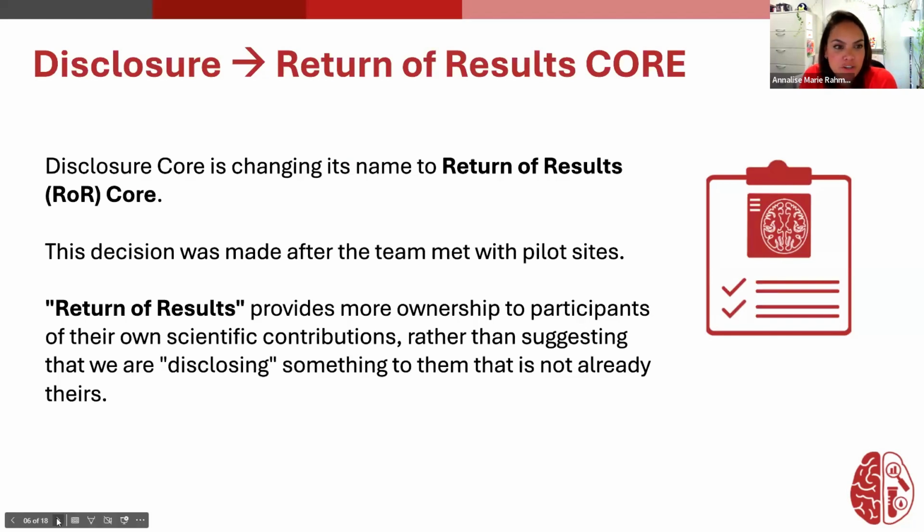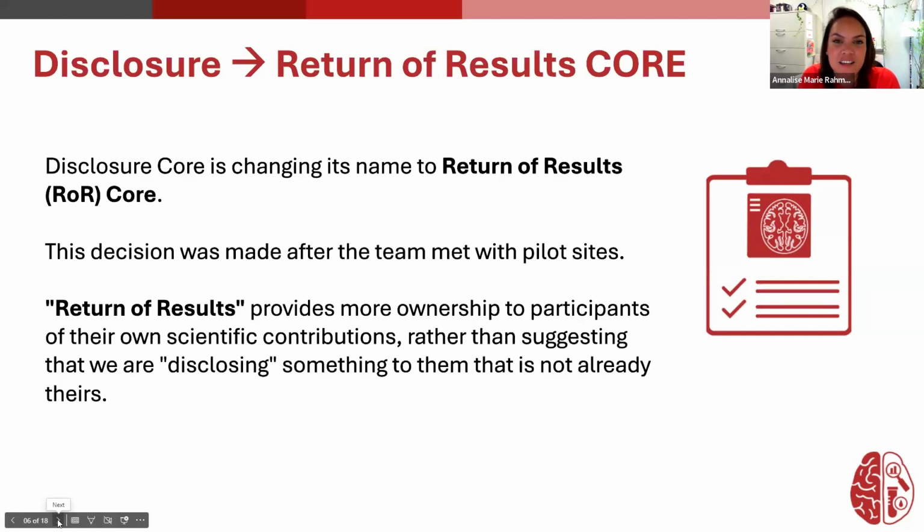Previously, we've been referring to the disclosure core, which is the core that helps support all the sites in determining what results they want to return and how to do that. Consistent with a culture change, we are changing our name to the Return of Results, or ROR core, lovingly known as. In part, this is because we really want to be part of this culture of thinking about returning results as honoring our participants, honoring the contributions that they've made, and really acknowledging that the data are theirs, not ours.